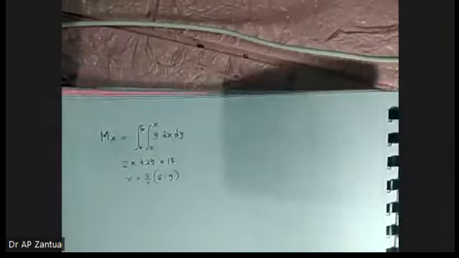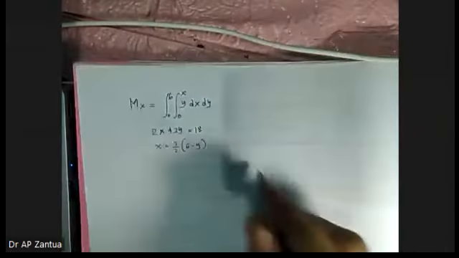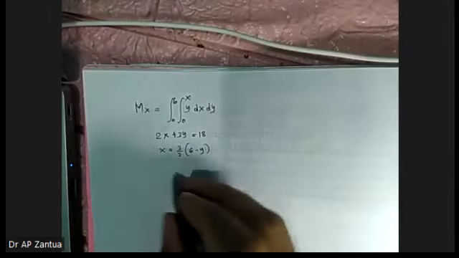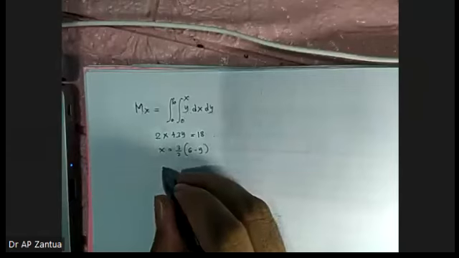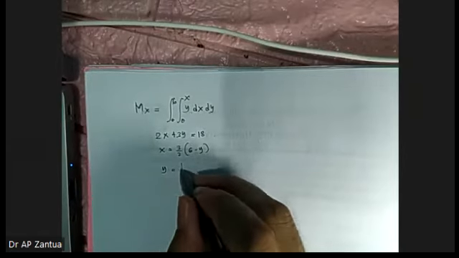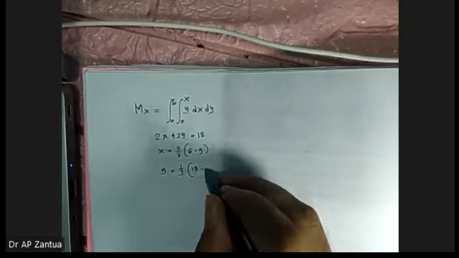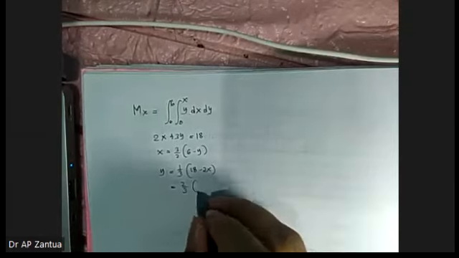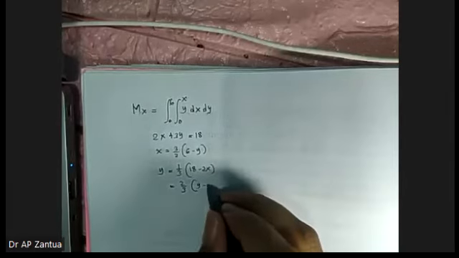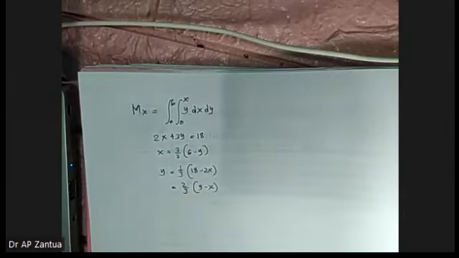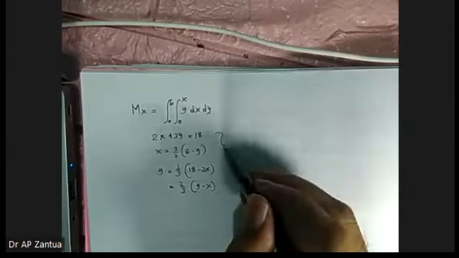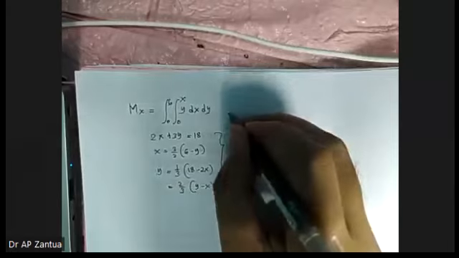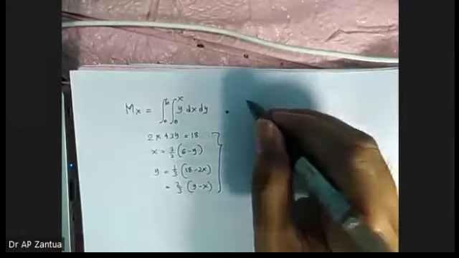But if you are solving for y, the answer is y is equal to 1/3 (18 minus 2x), or 2/3 (9 minus x). So this is our given. So we can substitute 0 to 6.